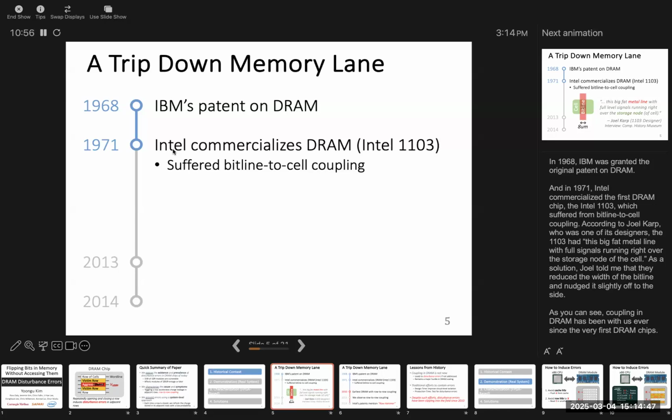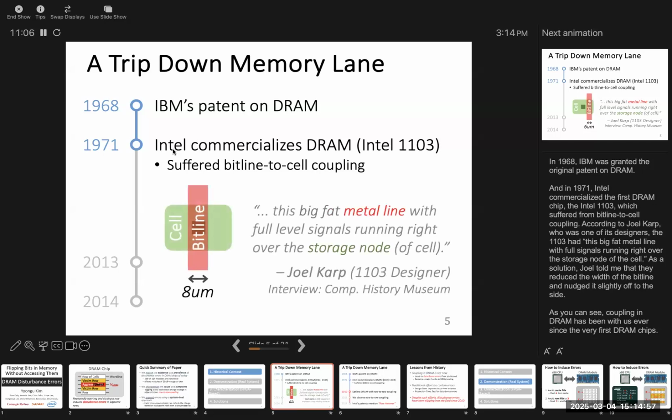So even back in 1971, they found that there is bit line to cell coupling. What is a bit line and what is a cell? When we go to that background slide, you will see what a bit line is, how it is used, what its function is for both word line and bit line, and what the cell is. Okay.